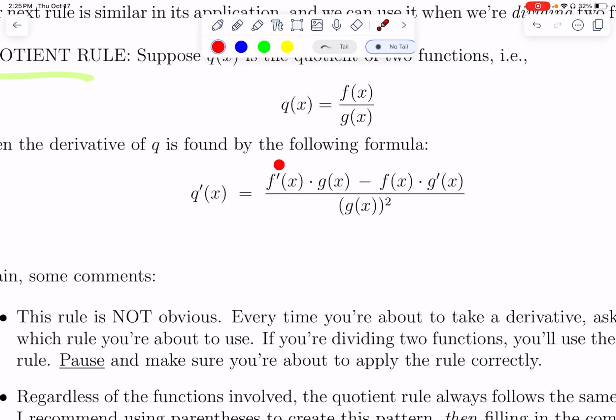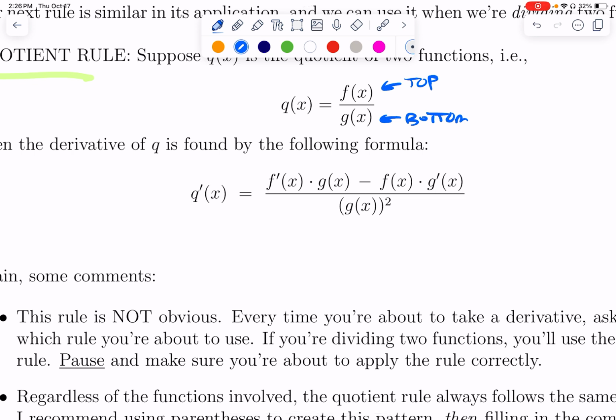So it's the derivative of the top function times the bottom function minus the top function times the derivative of the bottom function, all divided by the bottom function squared. Right? And you'll notice I talked through this by just using the names top and bottom rather than f and g. The pattern would always have something on top and something on the bottom.